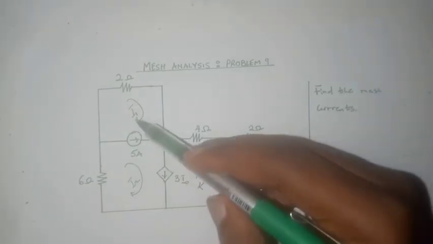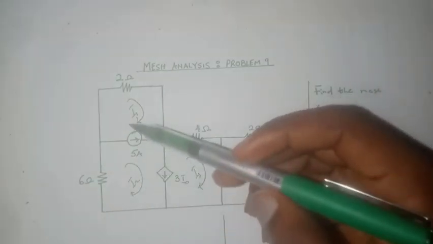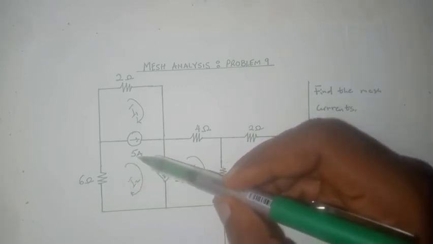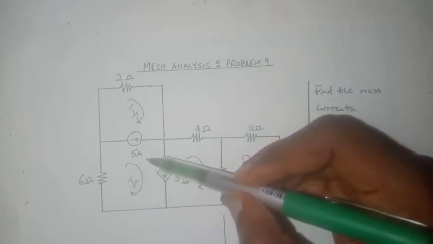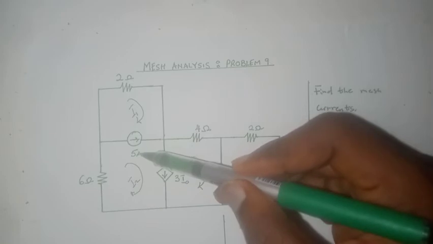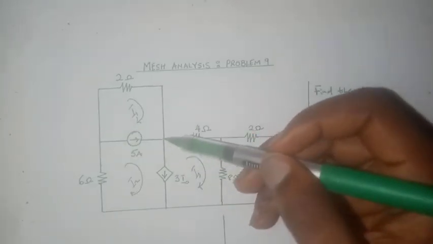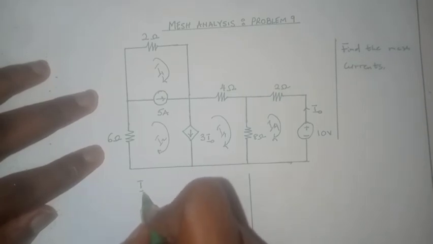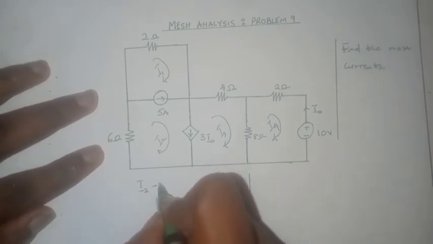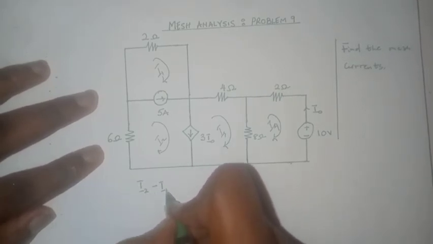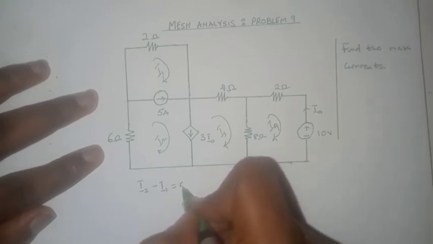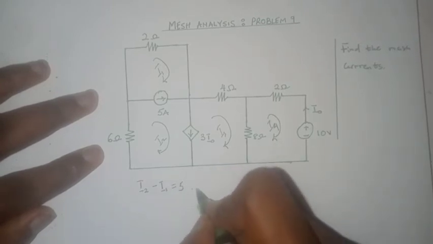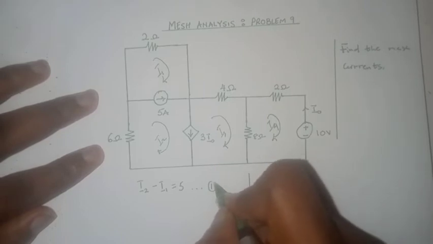So we have mesh 1 and 2, and we realize that mesh 2 is supporting this 5 ampere current source and mesh 1 is opposing it. So we can say that I2 minus I1 equals 5 amperes. Let's call that our first equation.